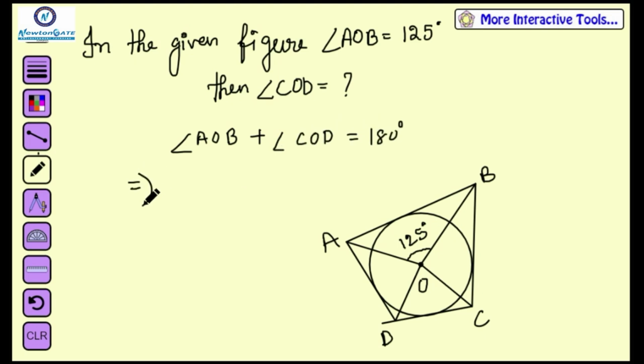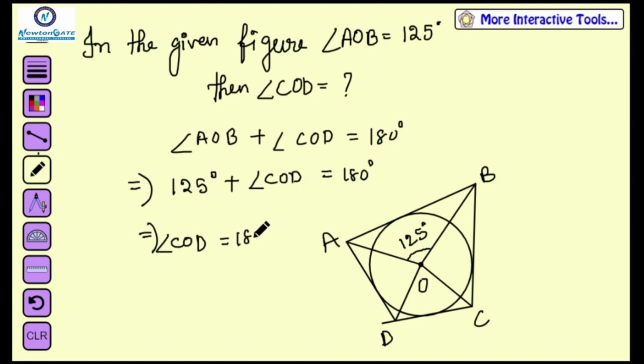Now we put the value of angle AOB, it is 125, plus COD equals 180. Then angle COD equals 180 minus 125, that is 55 degrees.